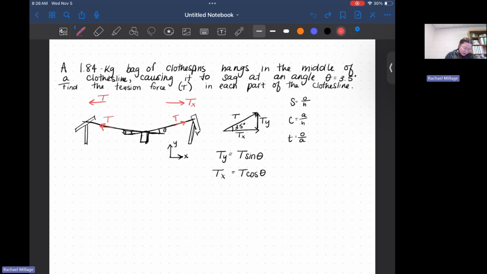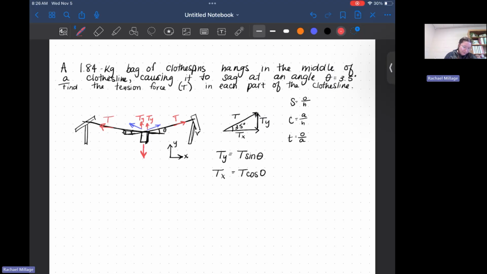But in the y direction, we have the weight, and then we have two tensions that are pulling up at angles. So if we split this into just the y, we have the weight straight down, and then we have the y components of both of those, which would be our t sub y's.